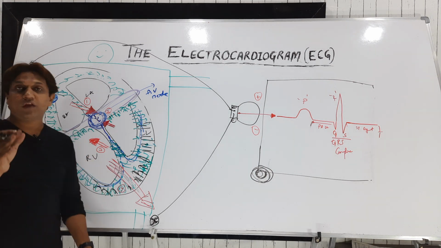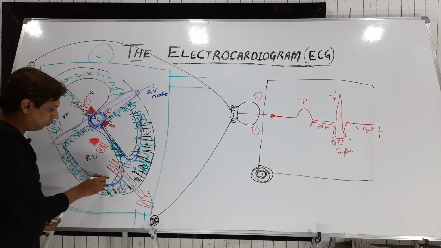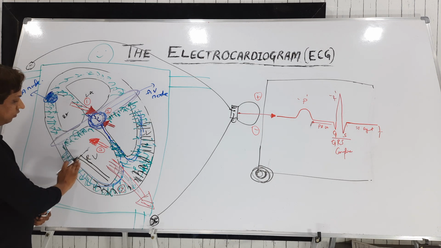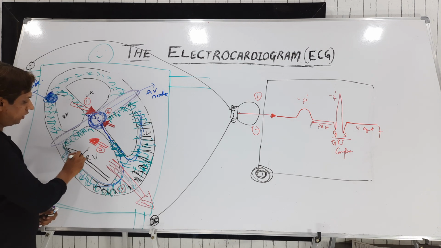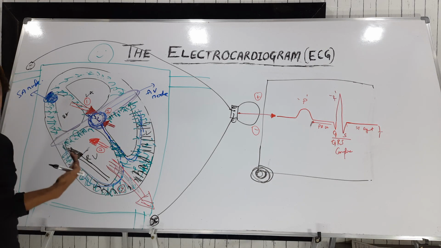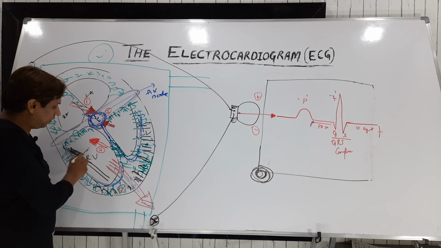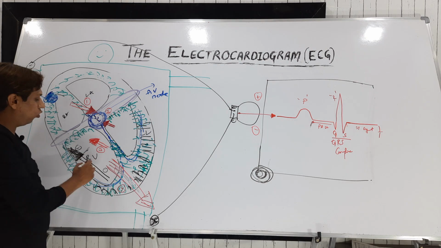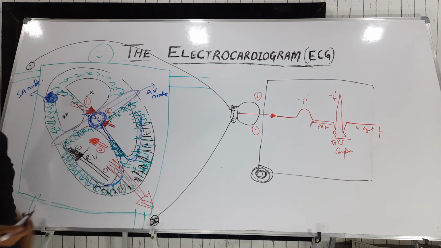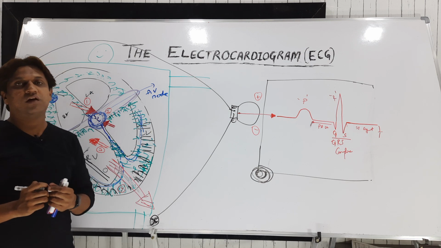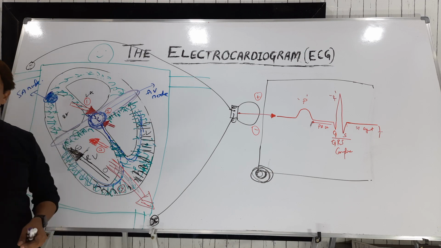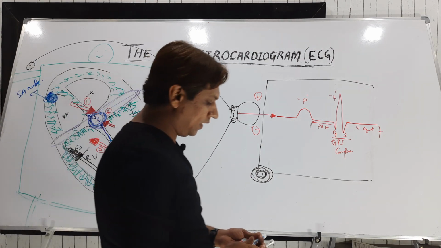If we put this fifth electrical event on a vector, with the black color here, the direction of the current is upwards and towards the right side, towards the negative electrode. When this negative current is moving towards the negative electrode, the deflection is positive. Why? Because when like charges move towards a similar electrode, it makes a positive deflection.